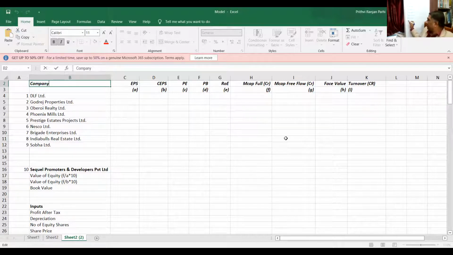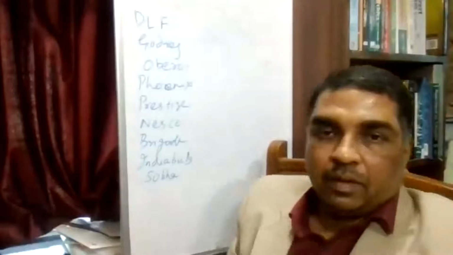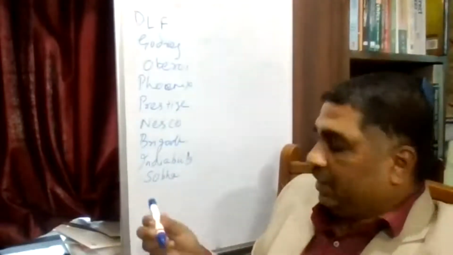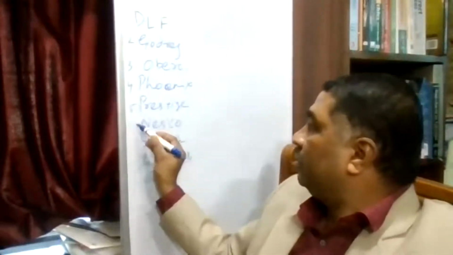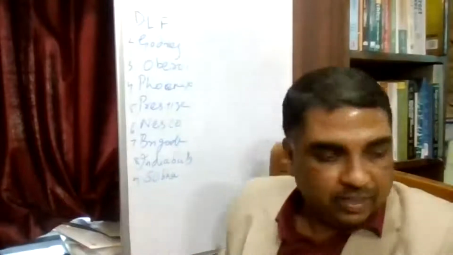Brigade Enterprises. India Bulls Real Estate Limited. And Shobha Limited. Yeah, so these are the companies. I think I've selected 1, 2, 3, 4, 5, 6, 7, 8, 9. 9 companies will be collecting data.